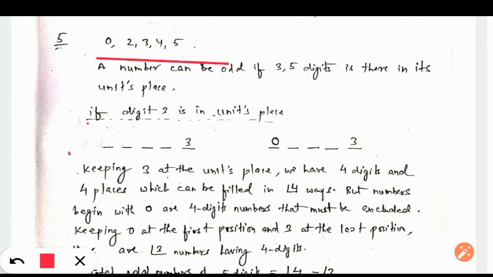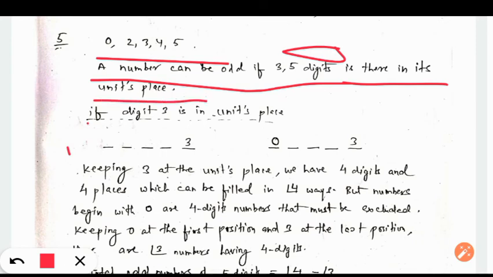So if 3 or 5 is in the unit place, that number will be an odd number.